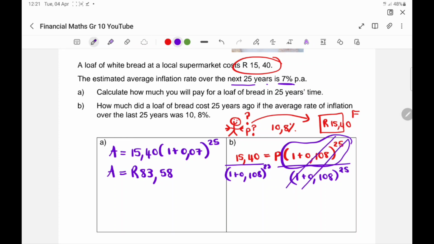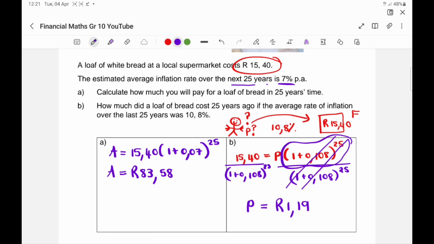That will cancel out, and that will give you the present amount as you have it 25 years ago. And that will give you 1 Rand and 19 cents. We know that inflation rate didn't go up that hectically, but if it had, then 25 years ago it would have been 1 Rand 19.